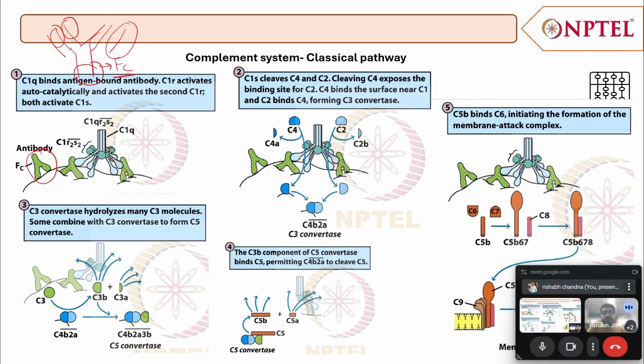The Fc region is the part of the antibody that can be crystallized, that's why it is known as the Fc region. And the Fc region helps in attaching the C1q, so it acts as a receptor for the C1q. This antibody is bound to the particular microbe. Now it recruits the C1q, the C1q that has C1r2 and C1s2.